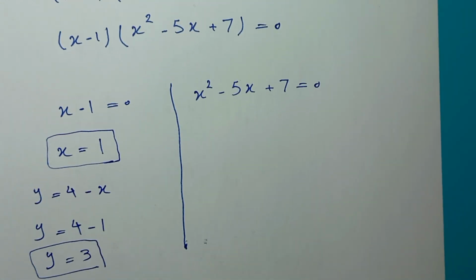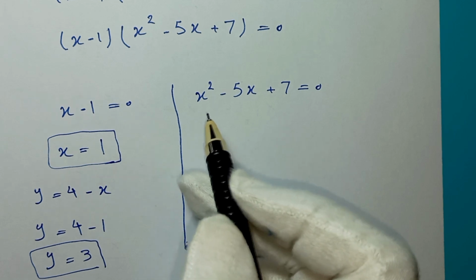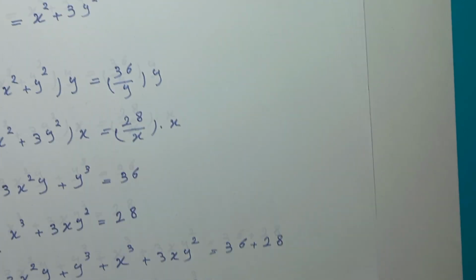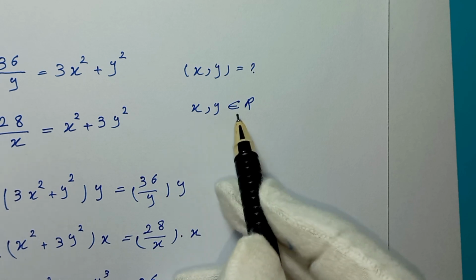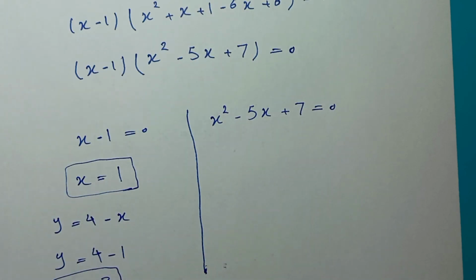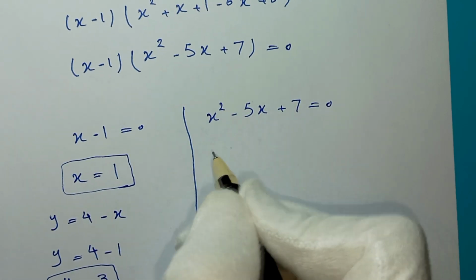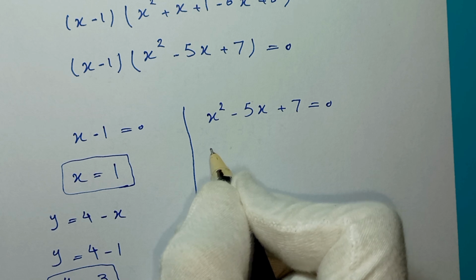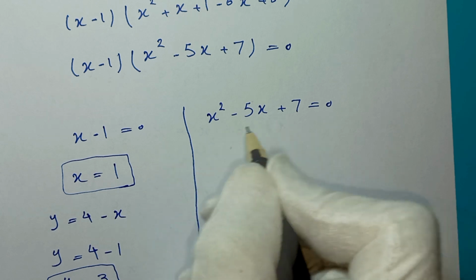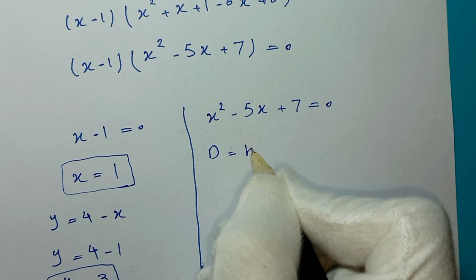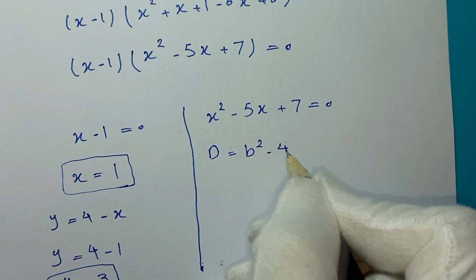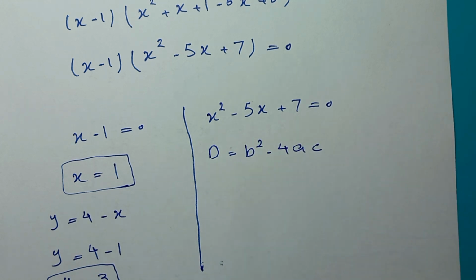And from here, our problem says that x and y are real numbers. So we check the discriminant of this equation. So D is b squared minus 4ac.